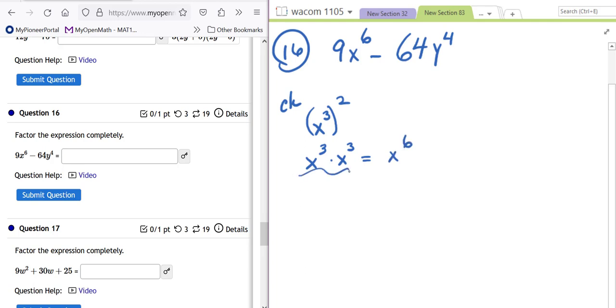So x cubed is going to be the square root. We can find the square root. All right, so our square root is 3x cubed. Right? This one, our square root will be 8, and for y to the 4th will be a y squared. So we actually could get the square roots.